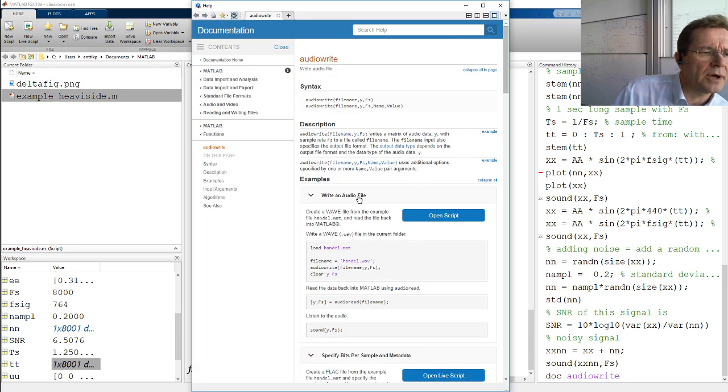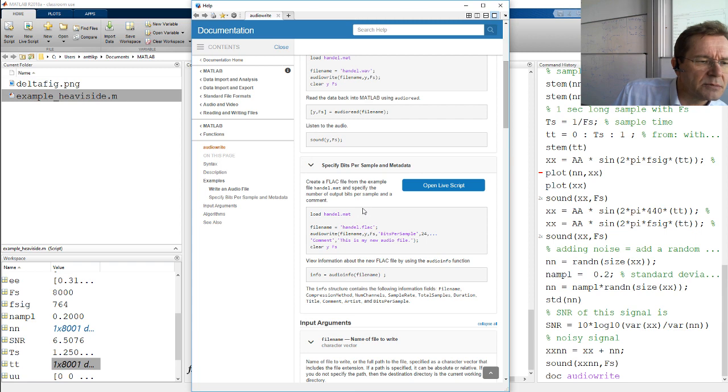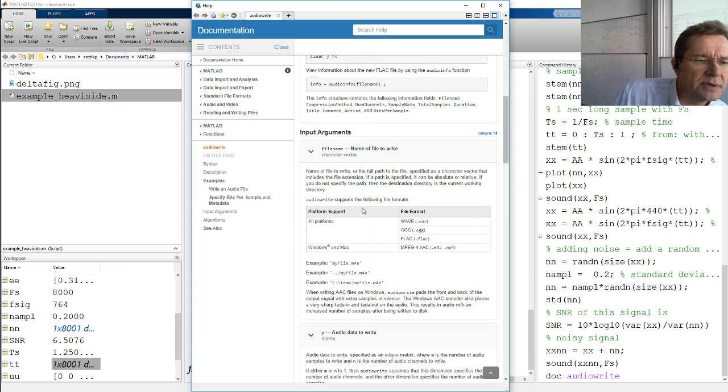But anyways, audioread actually writes an audio file. WAV files are quite nice. It's easy to find the WAV file writer, or actually MP4. It can also save these as MP4s.